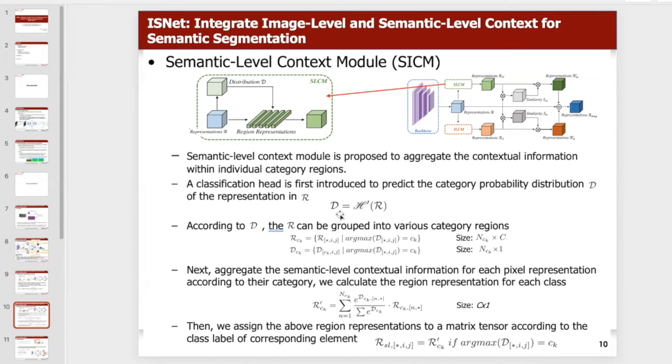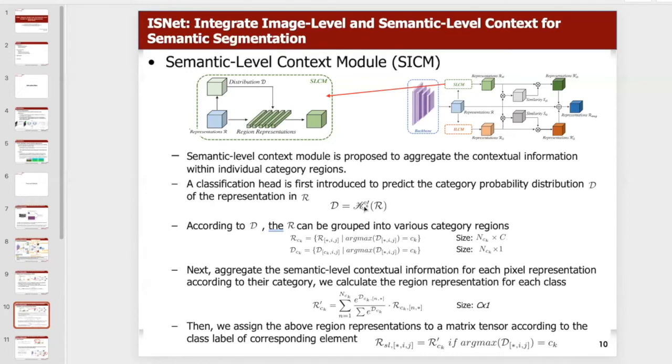Okay, does it have a spatial dimension? Yeah, the spatial dimension has the same size as representation R. Okay, and then the number of channels corresponds to the number of categories. Yeah. Okay, all right. So the channels represent the probabilities of each of the classes for each of the spatial elements. Yeah.